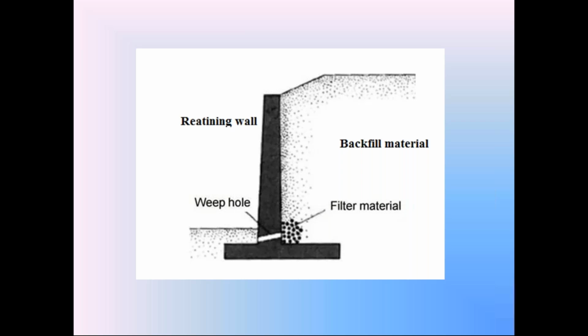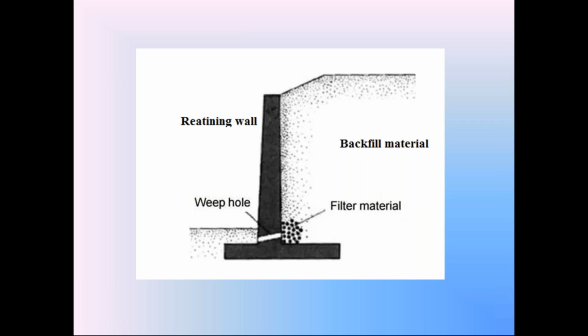So in retaining walls, we have three types of conditions. Sometimes the retaining wall remains in the same location. If the retaining wall remains in the same location, with no horizontal movement, it is called the rest condition of the retaining wall. That is the first condition, rest condition.